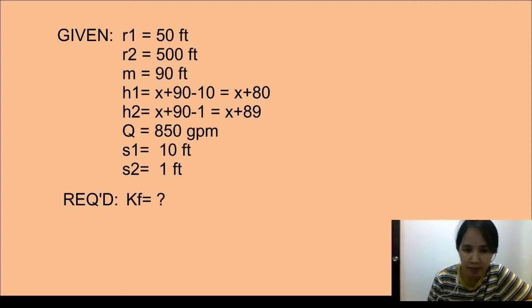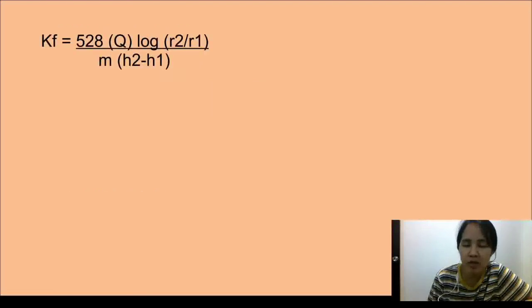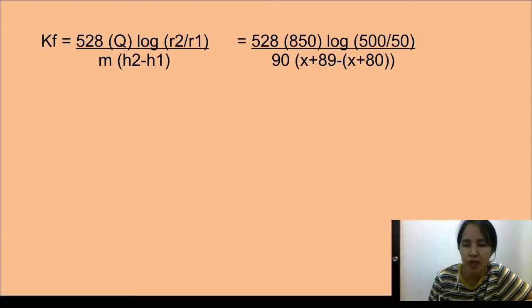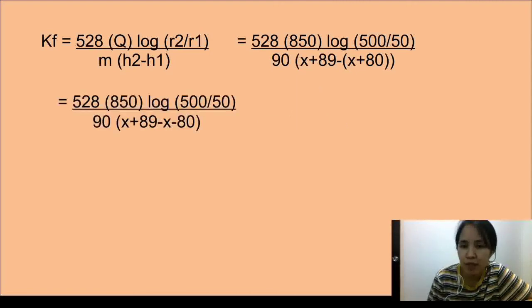Required is Kf. Then substitute in our formula. Kf now is equal to 528 times 850 log of 500 over 50 all over 90 times (x plus 89, which is your H1, minus open parenthesis, your H1, x plus 80).